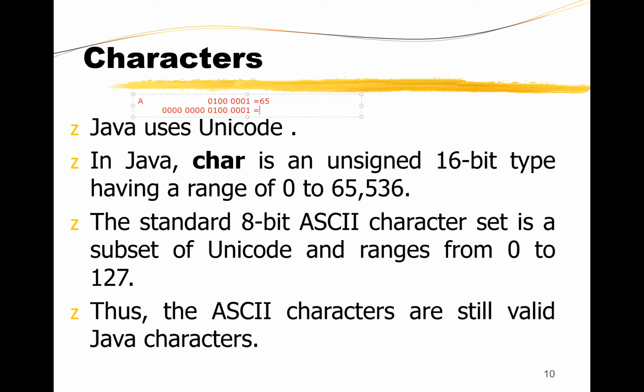If you convert this, you can see it is 65. So this is how you represent capital A. Then capital B is 66, capital C is 67. Likewise, you can figure it out.